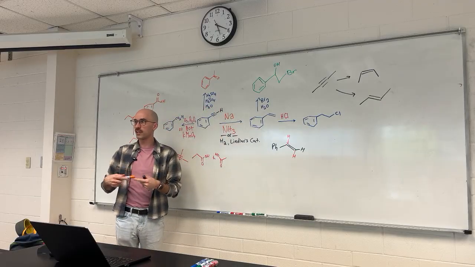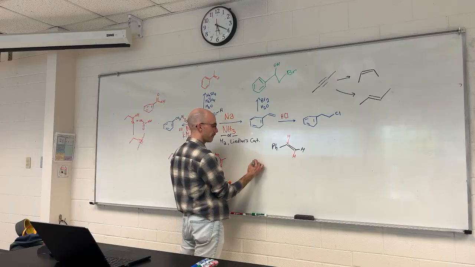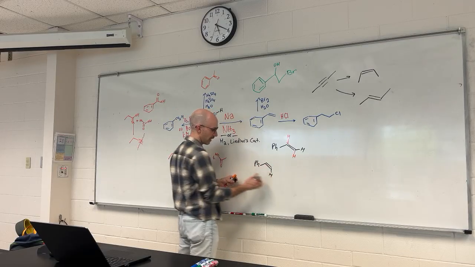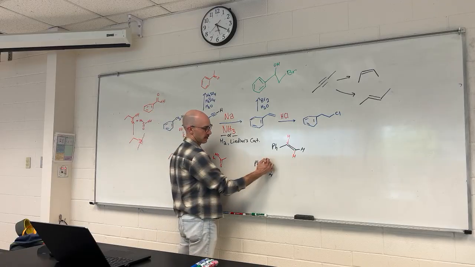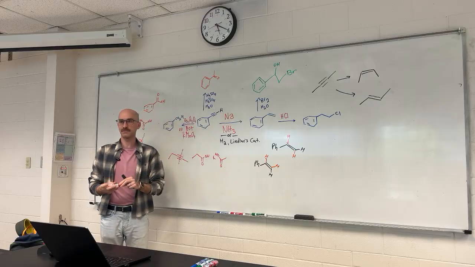The sodium and ammonia is a trans addition reaction. But if I ran this by hydrogenation, H2 with Lindlar's catalyst, then my two new hydrogens get added to the same side.